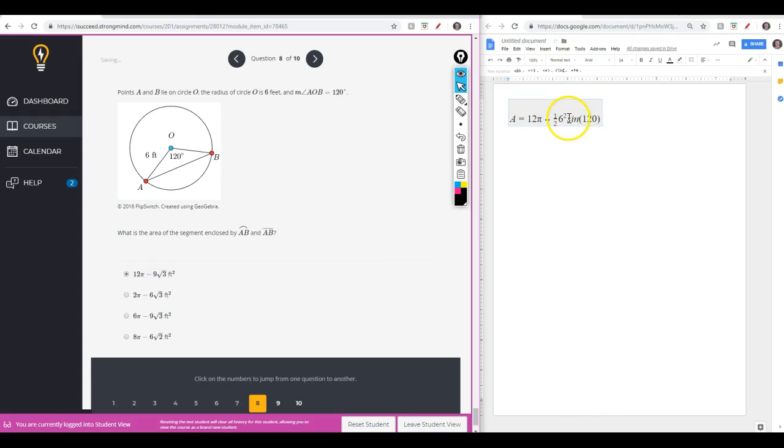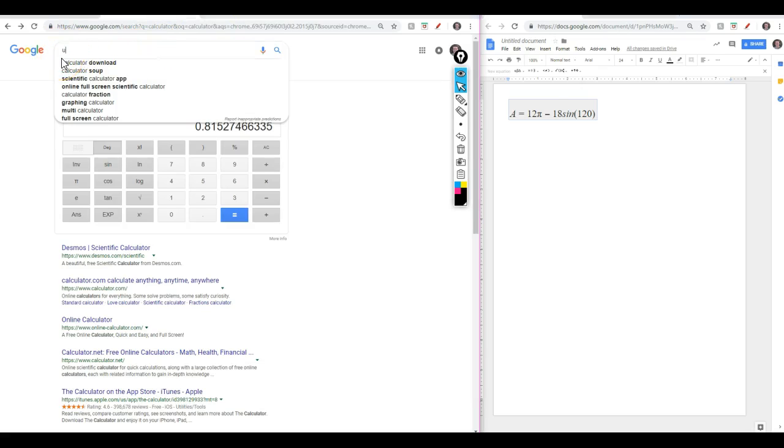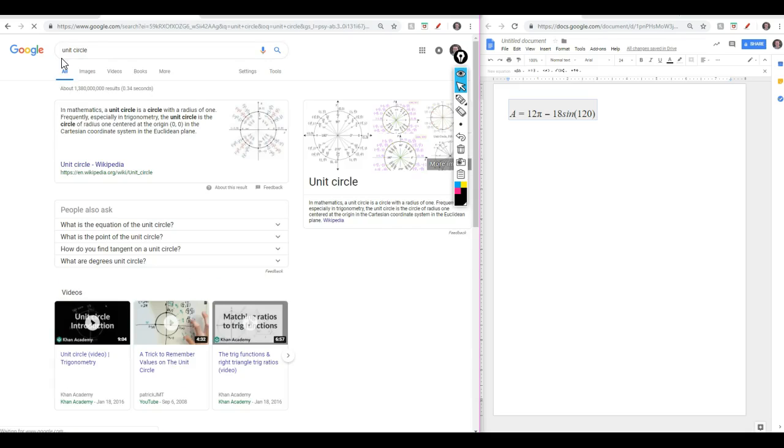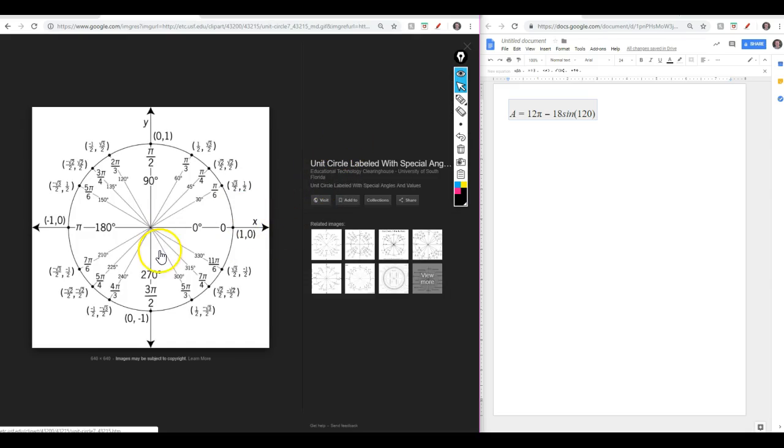Now if you want to know how they simplified this, 6 squared again is 36. 1/2 times 36 gives us 18. And then sine of 120, this is where you would pull up the unit circle. In the unit circle, which comes from Geometry A, the x coordinates are cosine of that angle, and the y coordinates are sine of that angle.